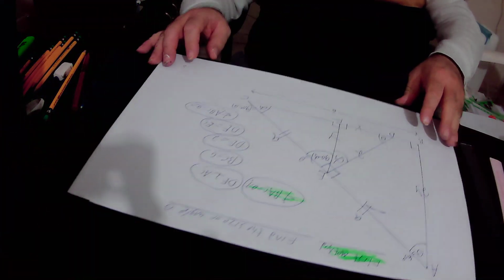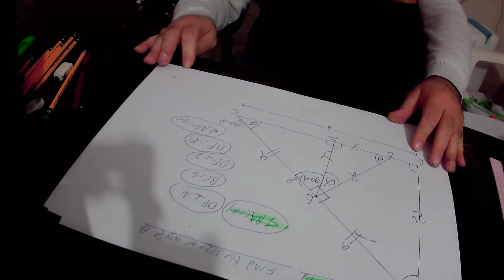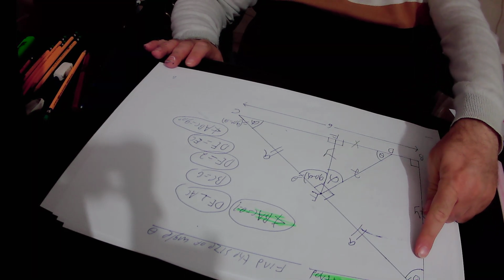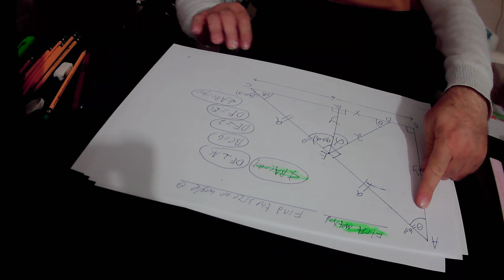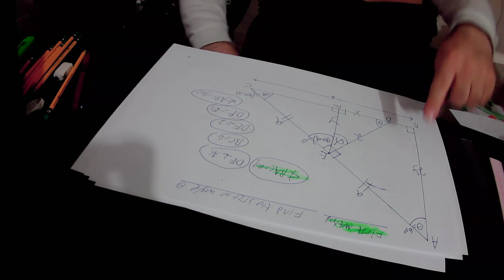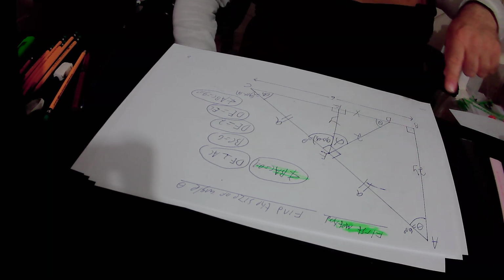In the next step, I will present to you two methods to find the size of angle theta. In the right triangle, triangle ABC, we have this angle that is equal to theta, and we want to find the size of this angle, angle theta.